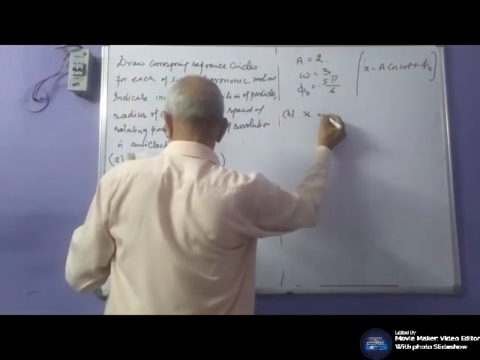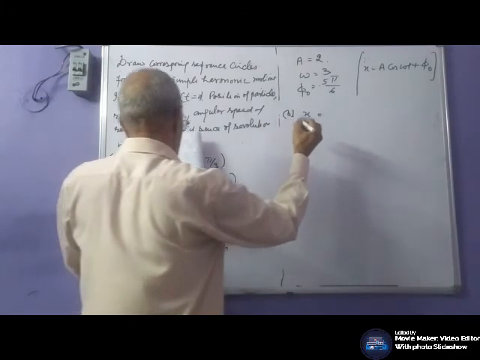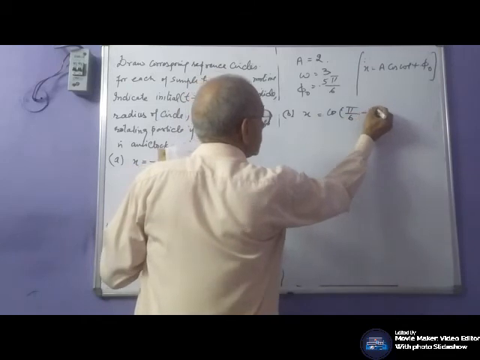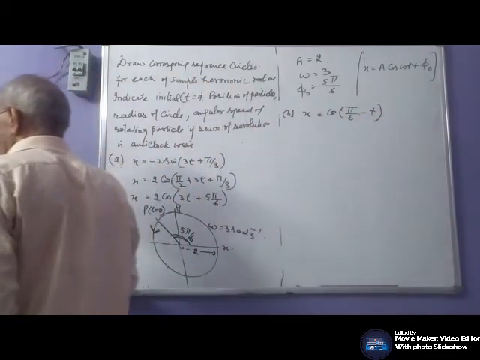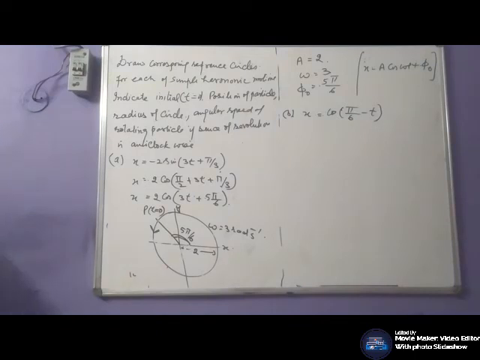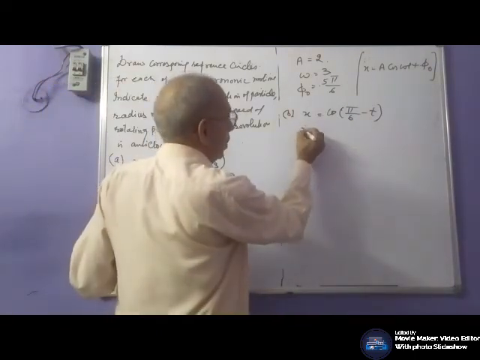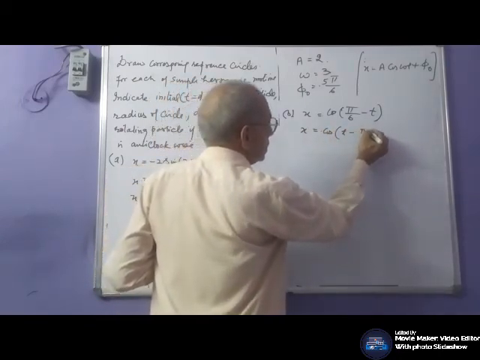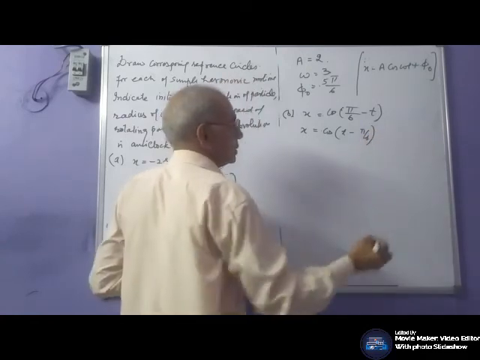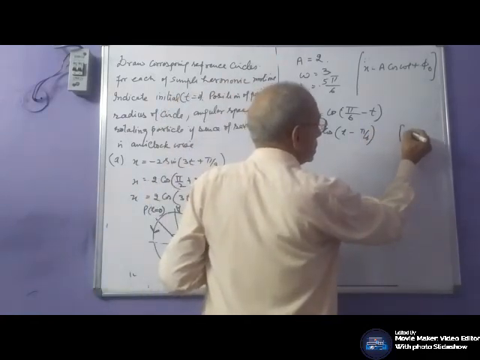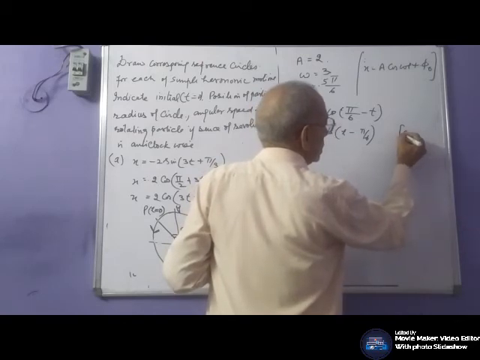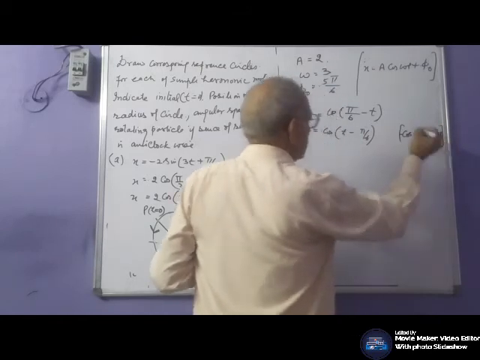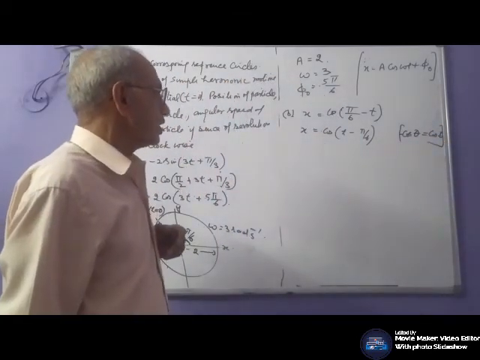x equals cos pi by 6 minus t, or x equals cos t minus pi by 6. Minus cos theta is cos theta.